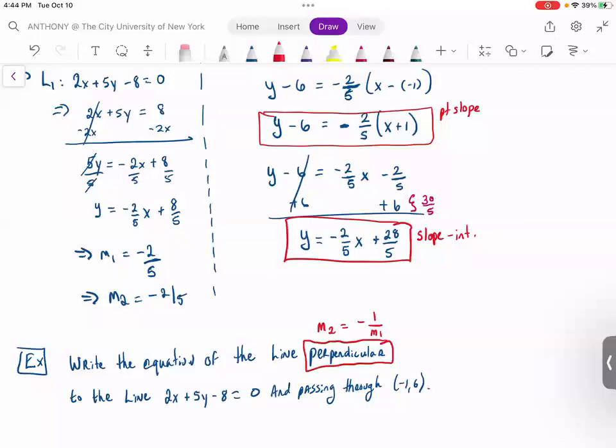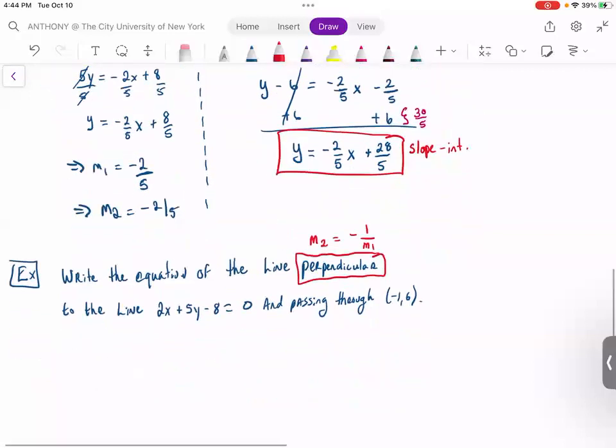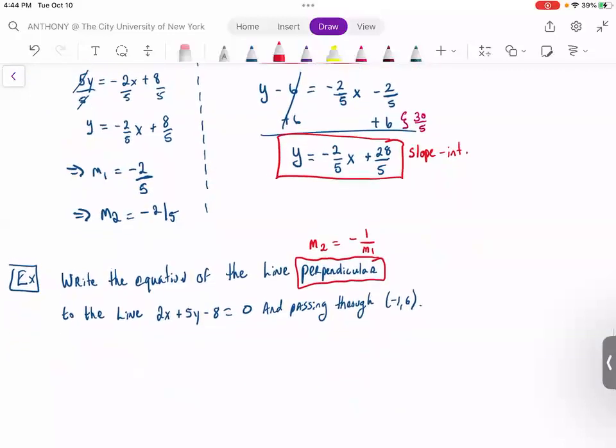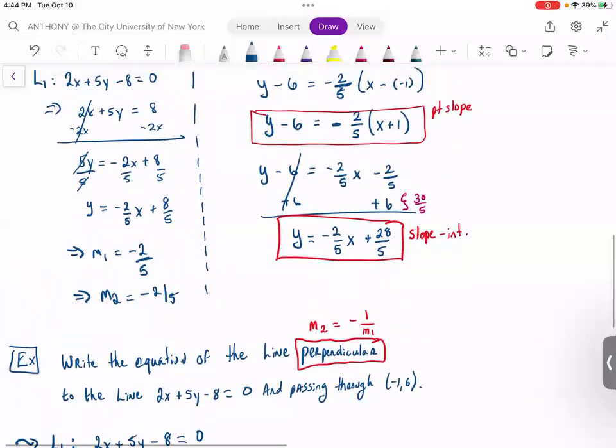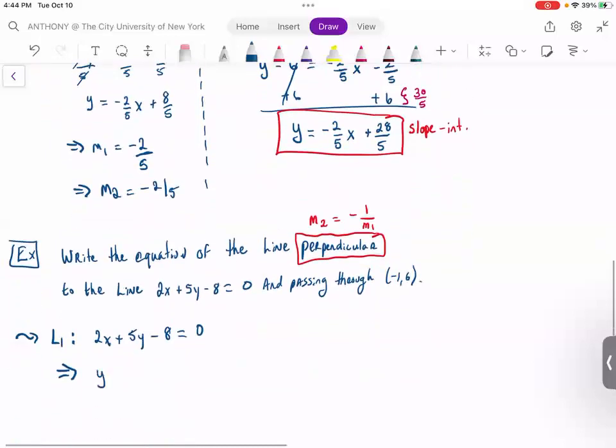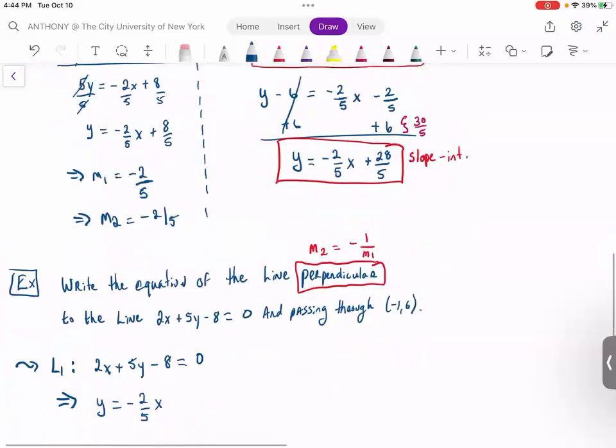All right? We don't have to do too much work here because line 1 in this problem was the same exact equation from the previous problem: 2x + 5y - 8 = 0. From this line, we saw that you could rewrite it as y = -2/5 x + 8/5.